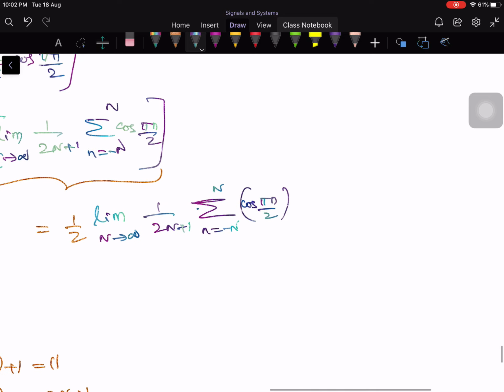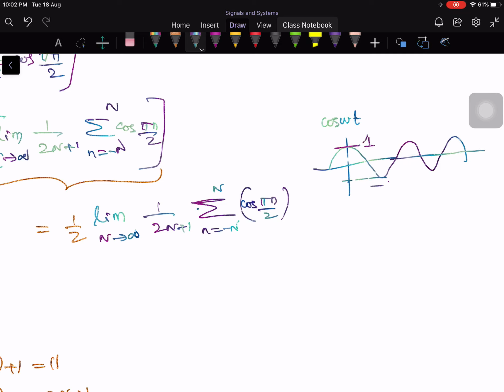We know that the cos function always oscillates between finite values. For example, if you take cos omega t, it oscillates like this. So it takes the maximum value of plus 1 and the minimum value of minus 1. So it never exceeds plus 1 or minus 1. Therefore the maximum value taken by this cos pi n by 2 is plus 1, and the minimum value taken by this function is minus 1.